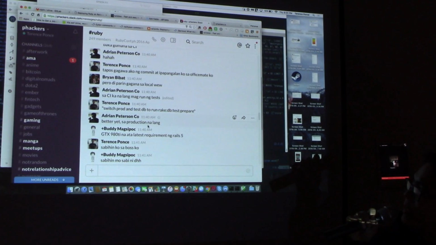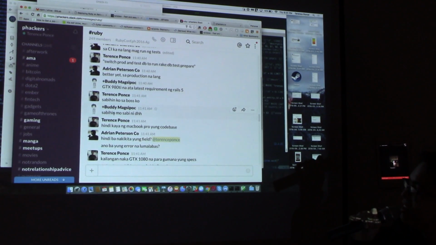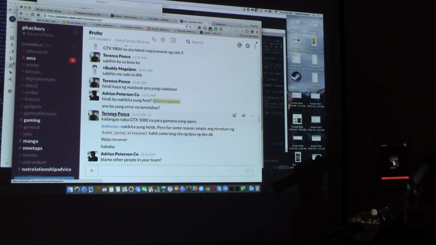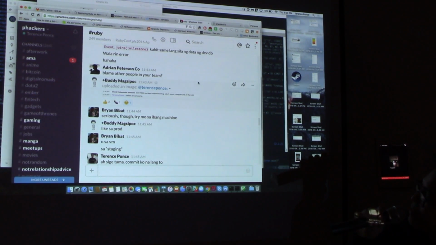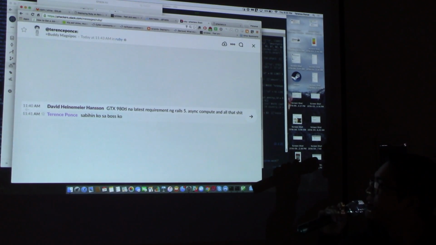And then he had another suggestion: get a video card, the GTX 980 Ti. Then I told him I'll probably tell my boss to get me a GTX 1080. And then he even went as far as photoshopping DHH suggesting that I need the latest video card to run Rails 5.